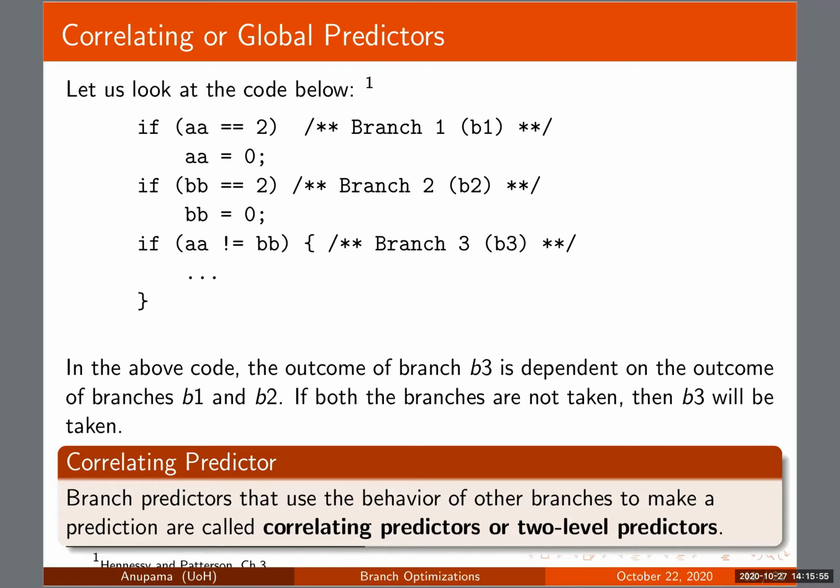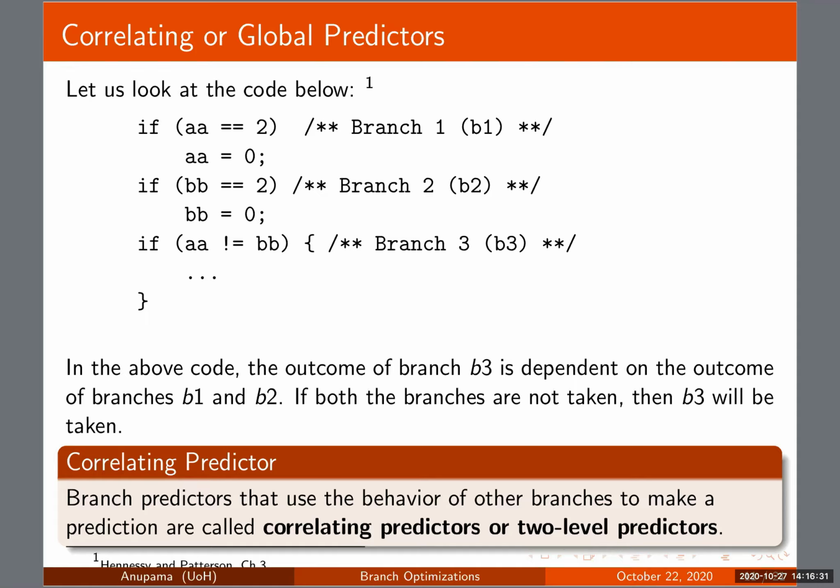If both branch 1 and 2 are taken, or if both the branches are not taken, then B3 will be taken. So basically, what we are saying is there are certain branches whose behavior is dependent on the outcome of some branches which occurred before this branch in the code.